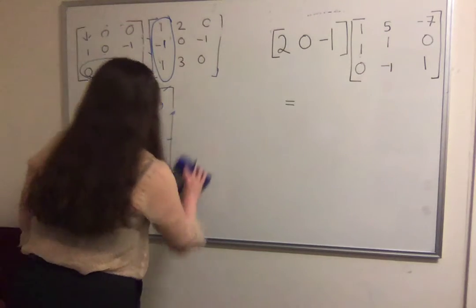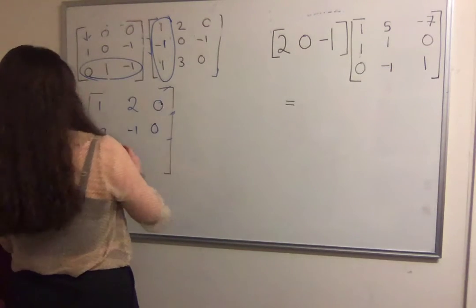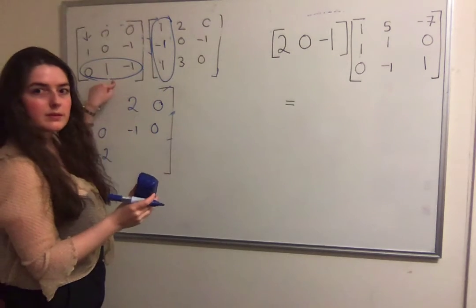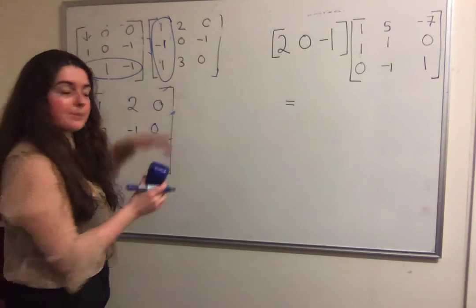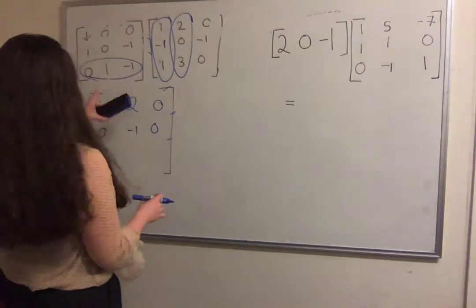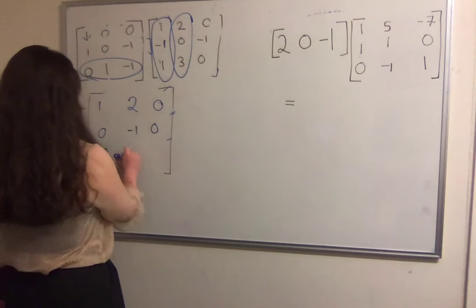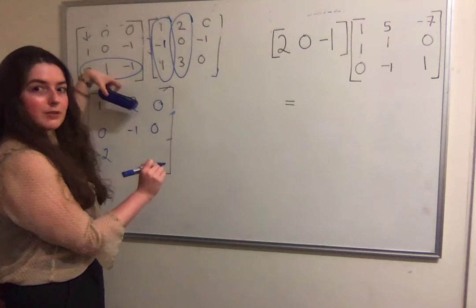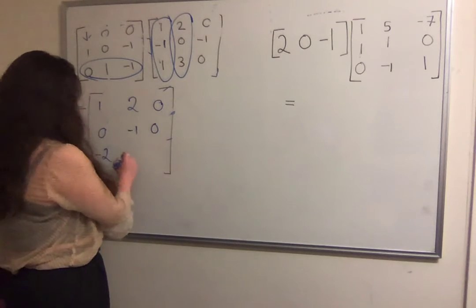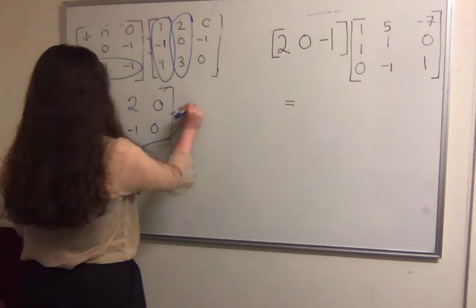Okay. Next we have, I'm not going to rub that out because I'm a bit bored of it, but we're going to multiply this by the second column. Second column there. Okay, so third row, second column. So we're going to be doing this position here.